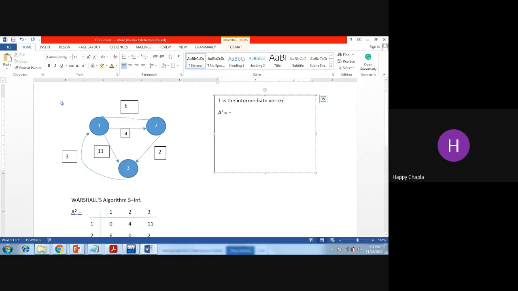If I want to find the path from 1 to 3, then 1 should be the intermediate node of that particular path. So 1 to 1 and 1 to 3, likewise. Let me write that: here we have 1, 2 and 3, and downwards also we have 1, 2 and 3.